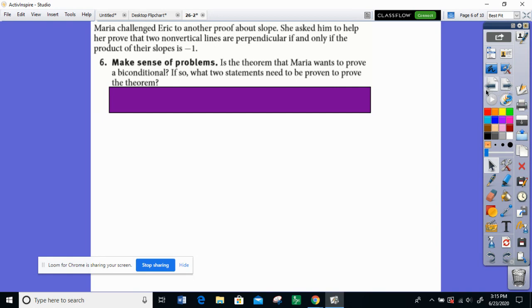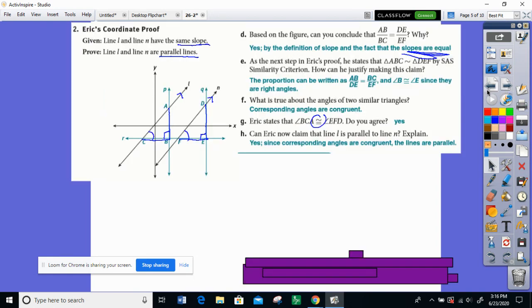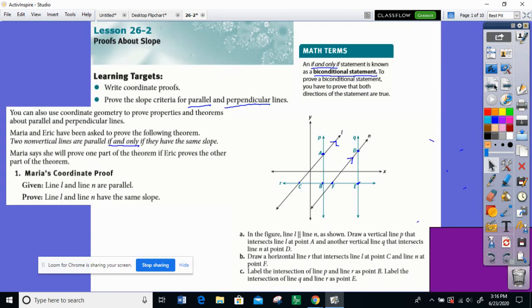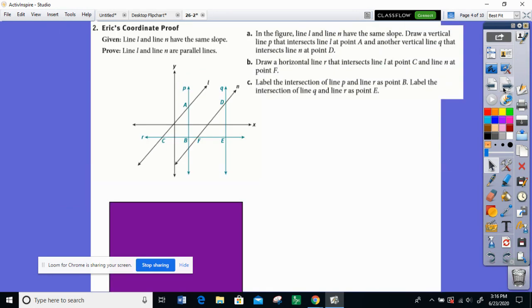So that means that we have proved both directions of this original biconditional statement that we started with. Two non-vertical lines are parallel if and only if they have the same slope. So now we're going to look over at the next page on page 380.